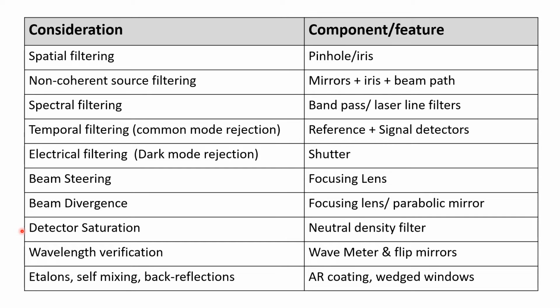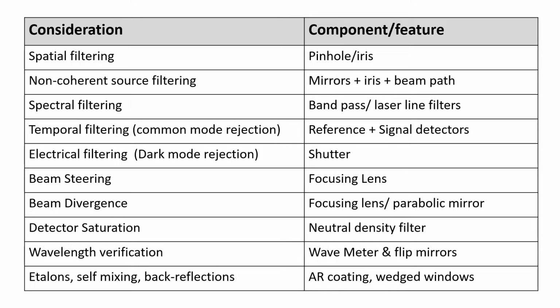So a high intensity beam may need to be reduced with a neutral density filter. Regardless of a laser's stated wavelength output, the wavelength may drift as a function of time, temperature, current, or damage, so periodic wavelength verification using a wave meter is recommended.